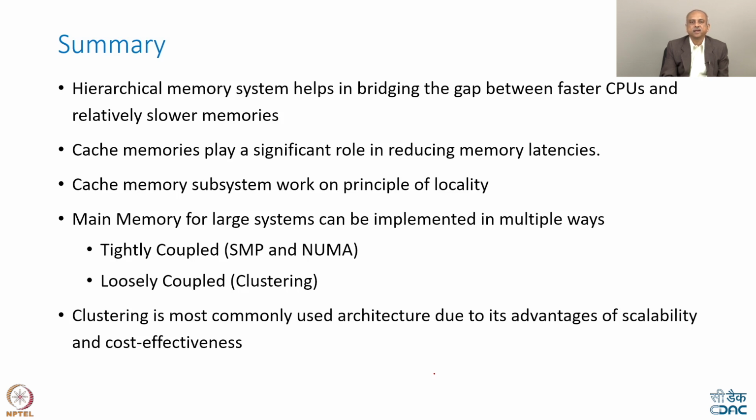I hope you got an idea about how the memory of supercomputing systems is designed so as to give good performance as well as scalability, which is achieved through clustering, the most commonly used architecture today.